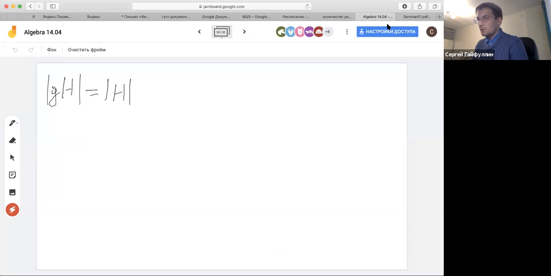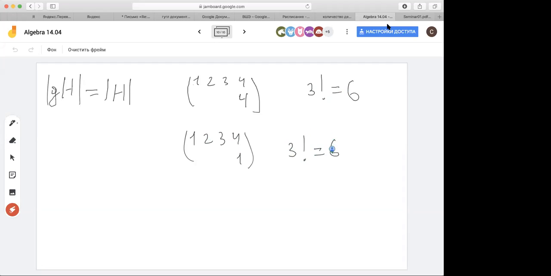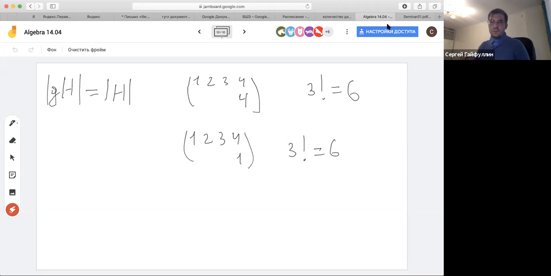Let us think about it. These elements are permutations which take 4 to 4. This is 3 factorial, so 6. And how many permutations take 4 to 1? Of course, the same quantity, so 6. And it's enough for the proof, right? Yes, enough for the proof. Great.